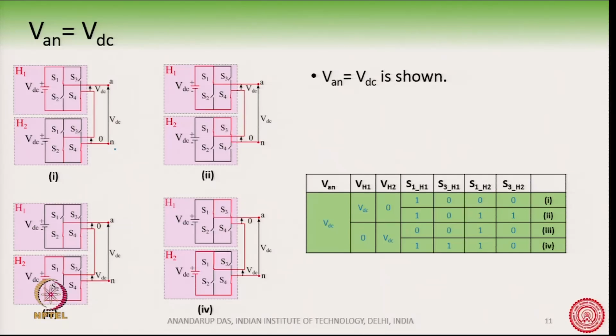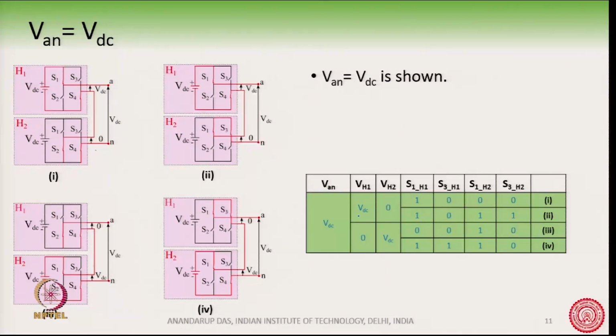What are these 4 possibilities? One possibility is VH1 is VDC and VH2 is 0. The second possibility is VH1 is 0 and VH2 is VDC.